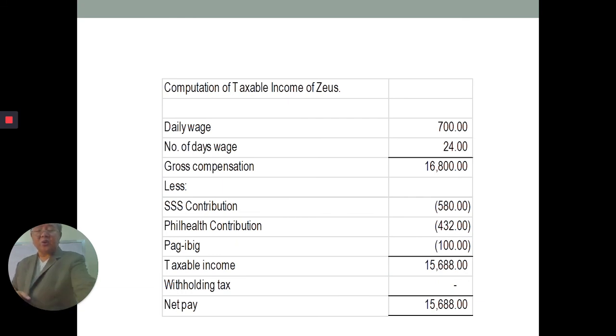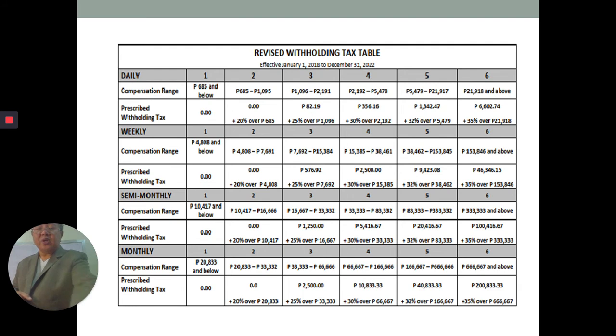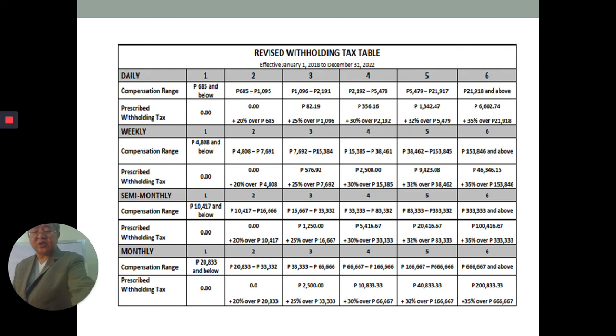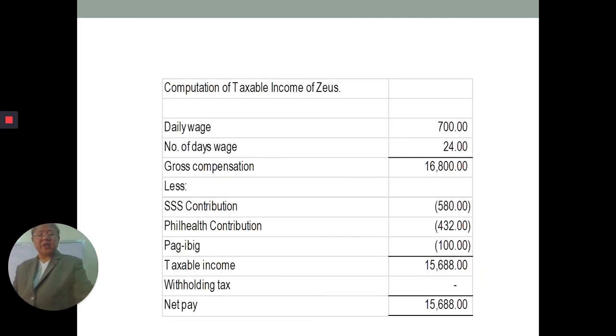Compensation range is 20,833 and below, because it is how much? 15,688. So that is below, that is under column 1. So therefore, there is no withholding tax for the compensation. So therefore, the net pay is 15,688 pesos for the month.